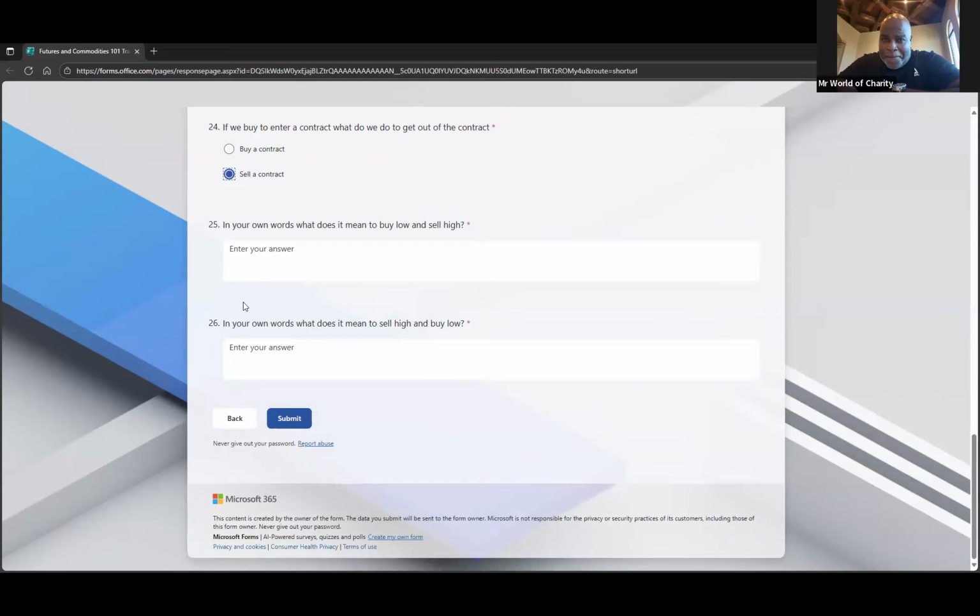Very good. In your own words, what does it mean to buy low and sell high? Buy at the lowest price, you sell at the highest price. Buying it low to sell it high for the profit.